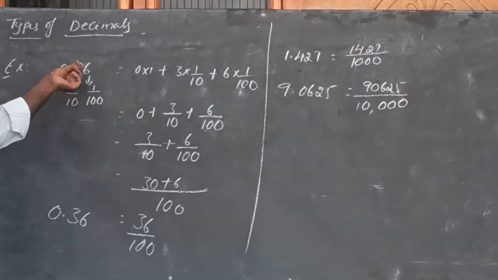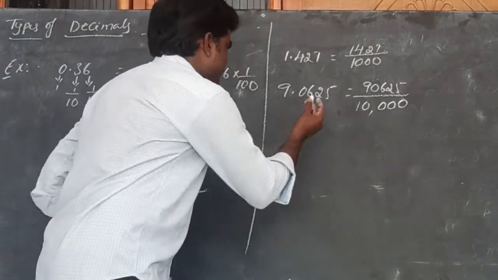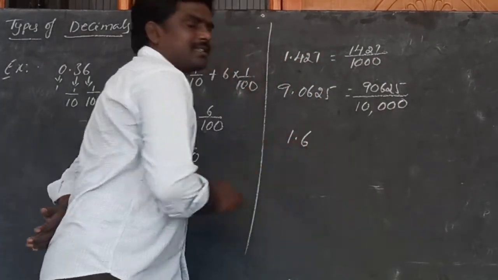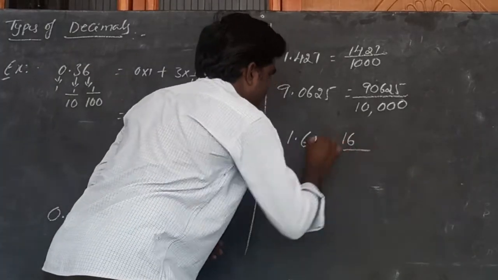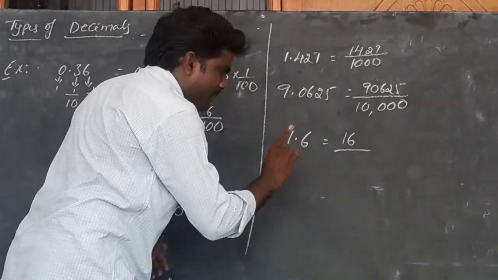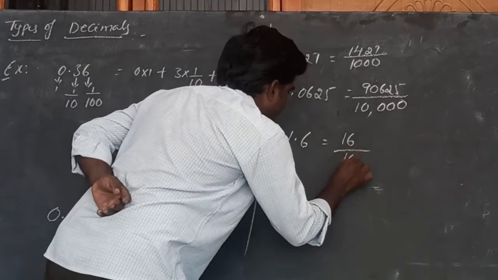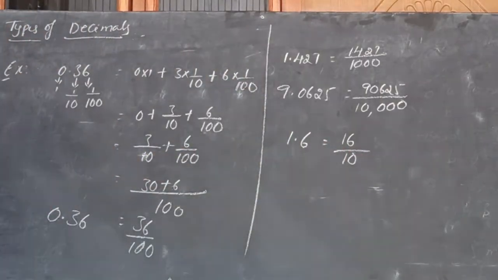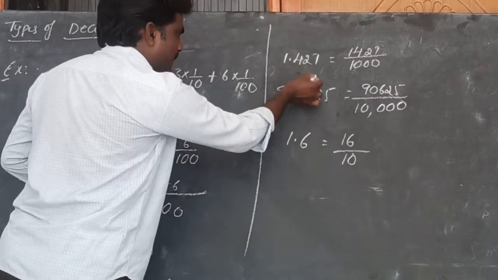Here how many decimals are there? 2. Here how many? 3. Here how many? 4. For example, 1.6. Here how many decimals are there? 1 decimal. Write the total digits, then write the denominator with as many zeros as decimals. That is 1 decimal, that means 1 zero, that is 10.